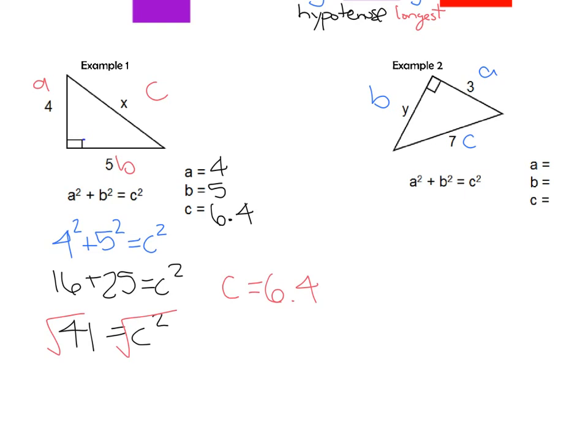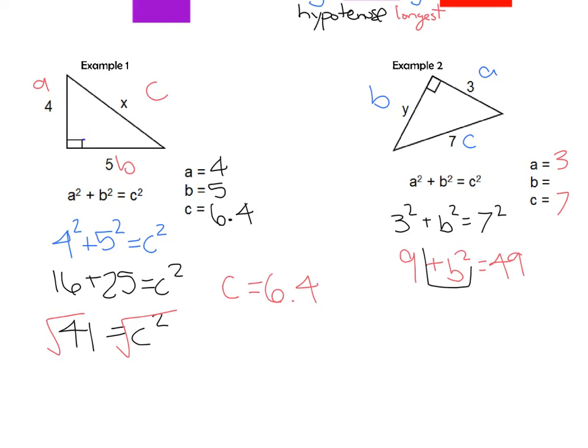Same concept. Notice I have A is 3. We have no idea what B is yet, but we do know our hypotenuse, which is C. So when we plug it into our Pythagorean theorem, we end up with 3 squared plus B squared equals 7 squared. So let's go ahead and simplify, and we're solving for B. So 3 squared, 3 times 3 is 9, plus B squared equals 7 squared, 7 times 7, 49.